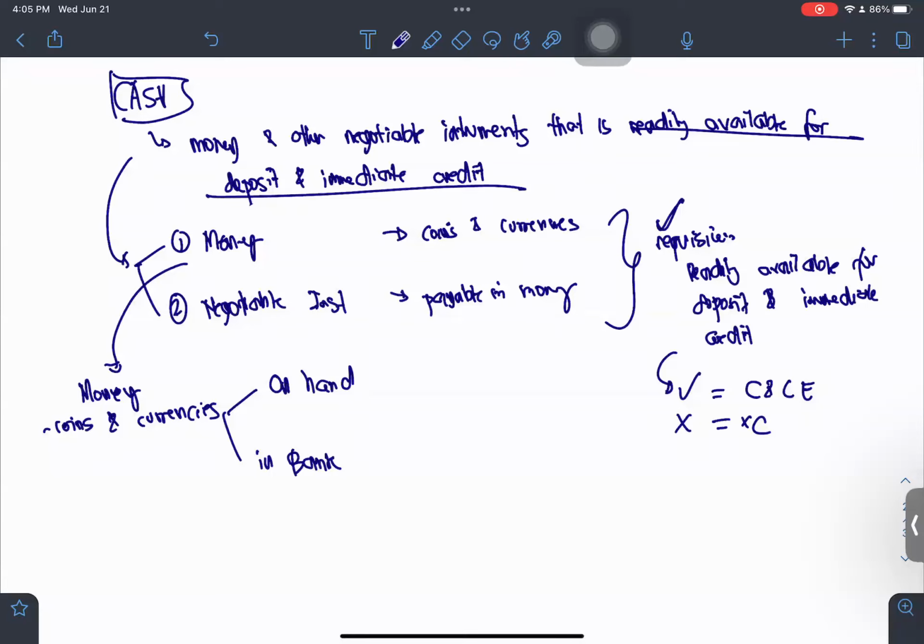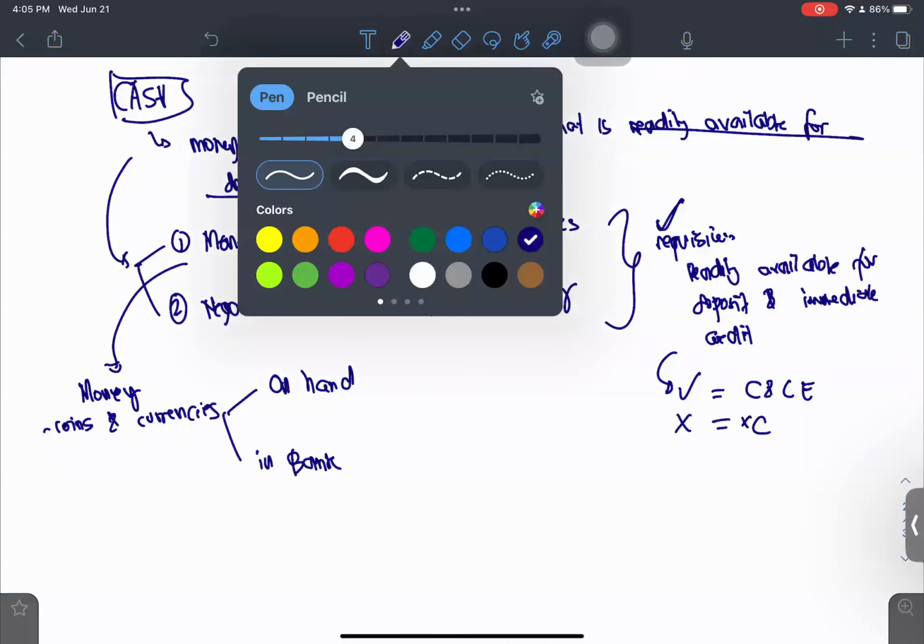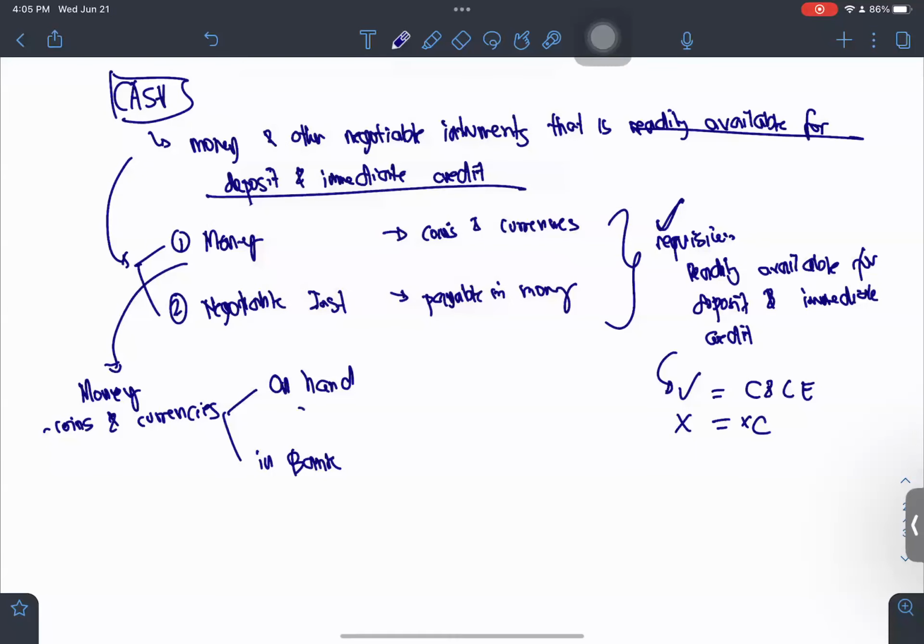If that money is on hand, then no problem. That can be a foreign currency, right? That can be a foreign currency such as yen or dollars, or it can be a local currency. As long as that foreign currency or local currency is readily available for deposit and immediate credit, then it is considered money. However, for cash in bank, it must be, again, readily available for deposit and immediate credit.